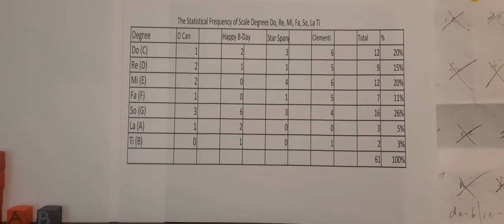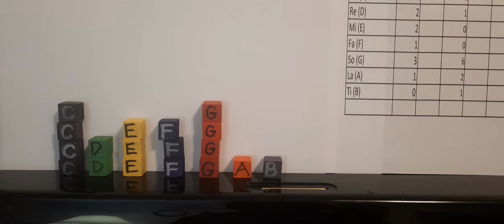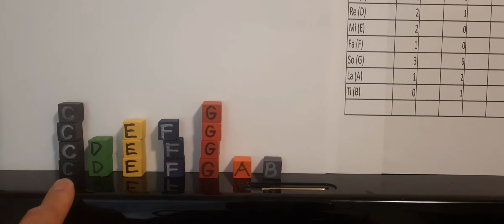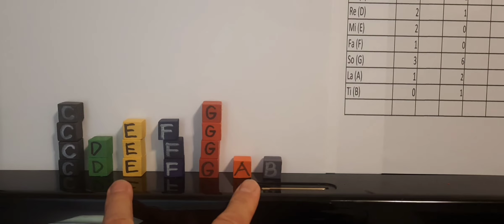So what I've done was I've calculated this into the cubes, and I'm going to put these cubes in the box, and then we're going to see if we can come up with a better melody. So this is the realization of the statistical frequency of notes in a melody.